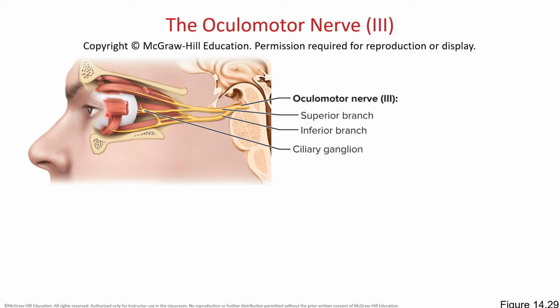Normally the pupil will constrict. You could also test it on just one side by putting your hand here to block the light from going into the other eye. Make sure this one constricts. Also, the one over here should constrict as well, so you can test it that way.